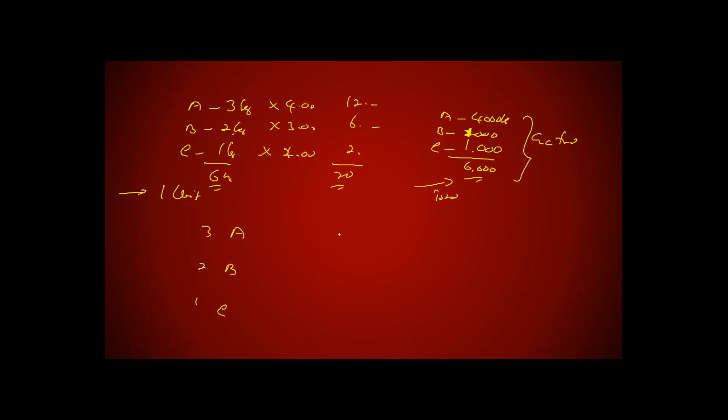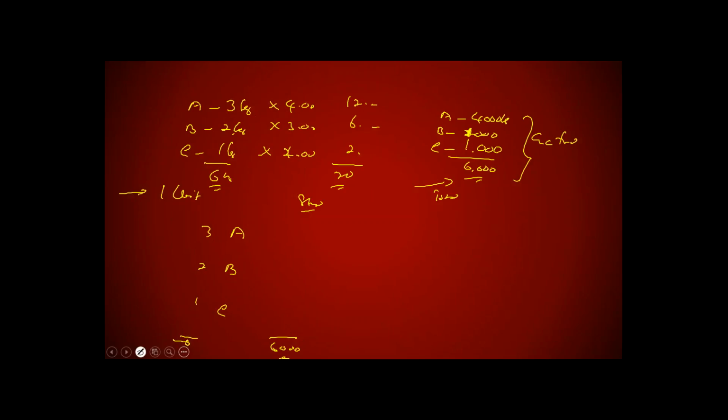So if we use 6,000, what should my standard mix be? I look at the total input of 6,000 and ask what the standard mix should be. If you put 6, you need 3 of A. If you put 6,000, how much of A will you require?